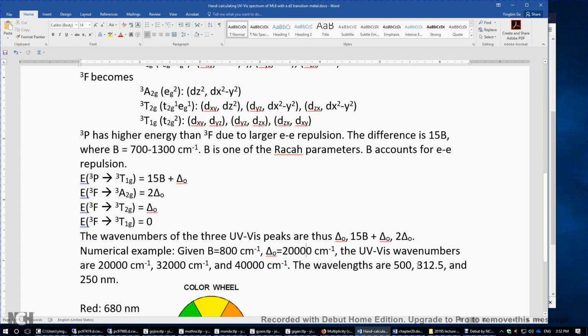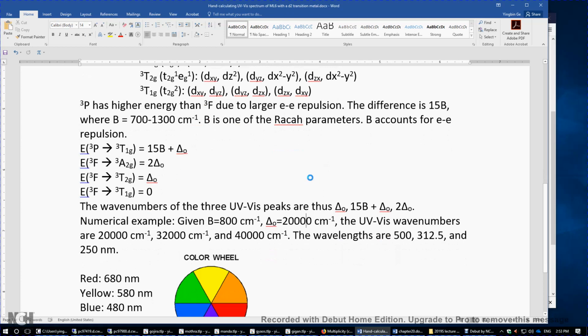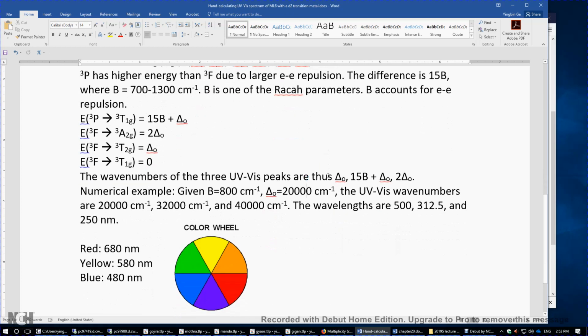They are 500, 312.5, and 250 nanometers. The last 2 numbers are UV, ultraviolet. 500 nanometers, that's visible light. That means this transition metal complex will likely absorb visible light with 500 nanometer wavelengths.